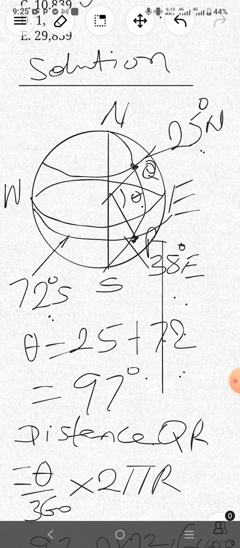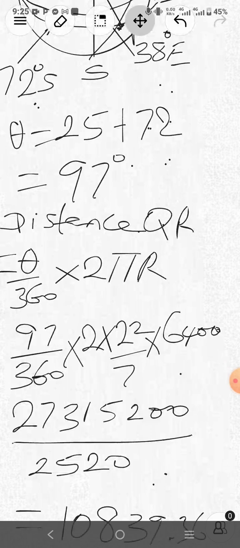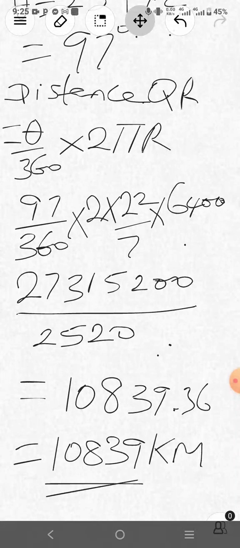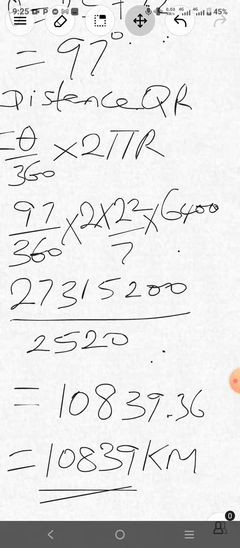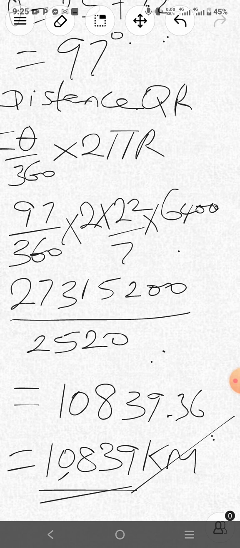That is the correct answer. So this is our final answer. Do you understand? Yes, it's very, very simple.